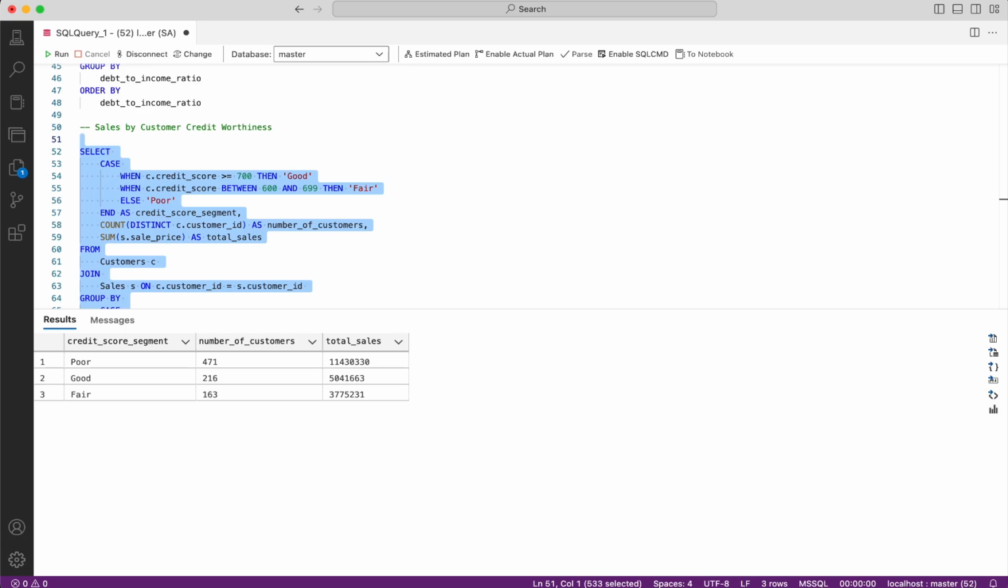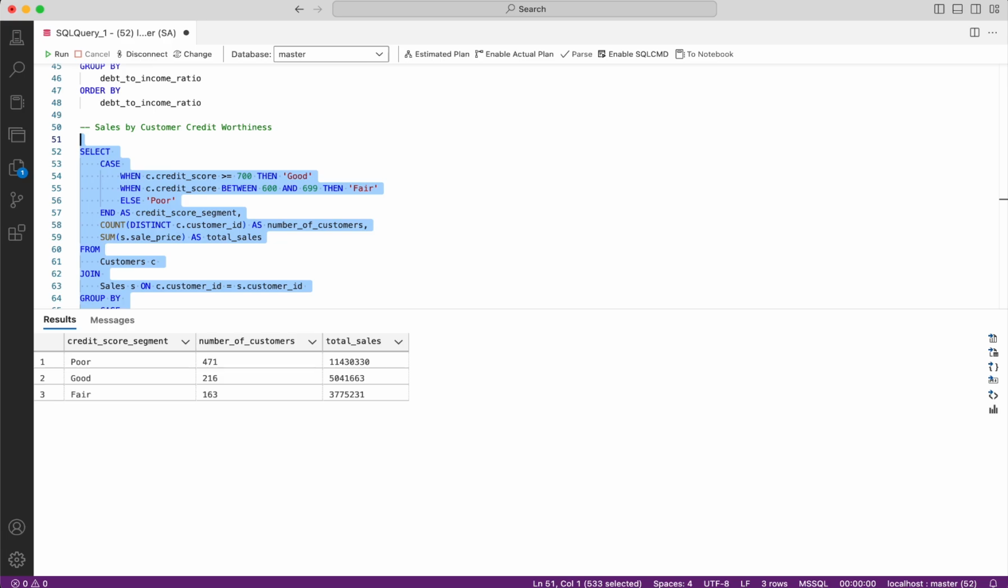And then if we go on to good credit score segment, we have 216 customers, but the total of sales is around $5 million. And what this tells us potentially is that customers with high credit scores contribute significantly to sales, but there are fewer in number compared to poor.